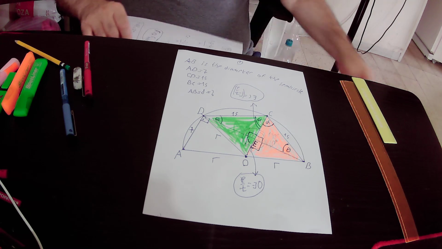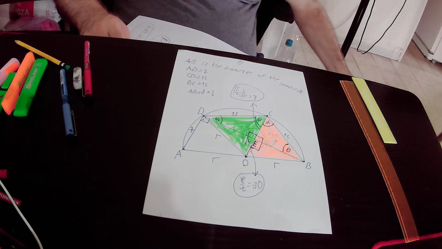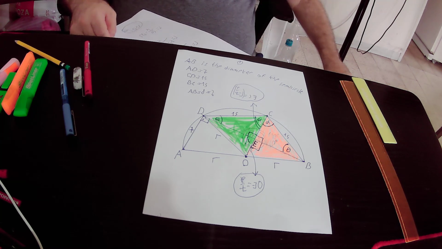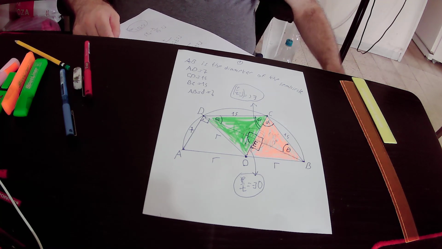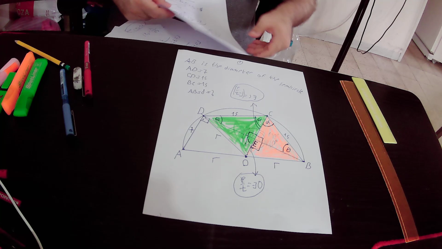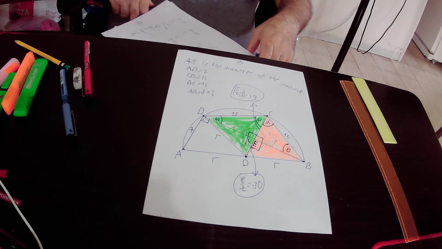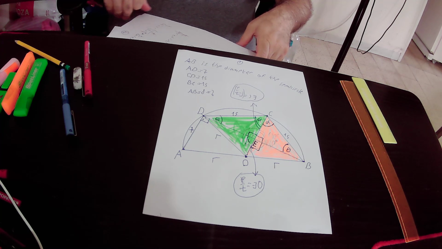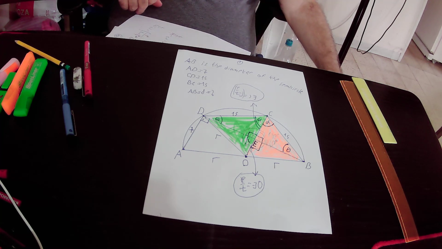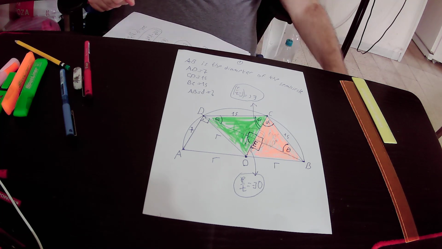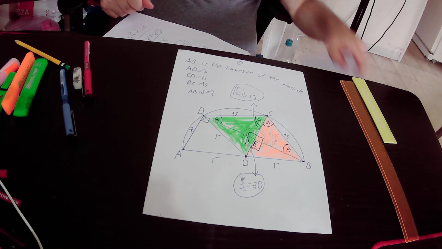Okay, so now I summarize the lecture. Actually, we wanted to find the diameter of this semicircle, that is the size of AB, because AB is the diameter of this semicircle.